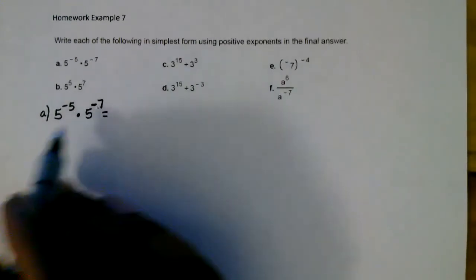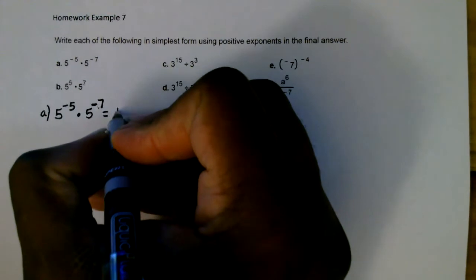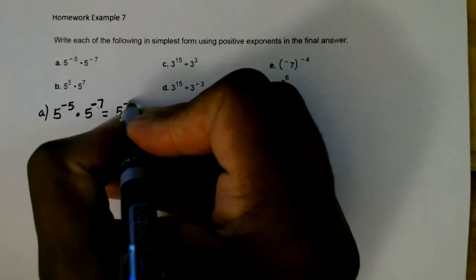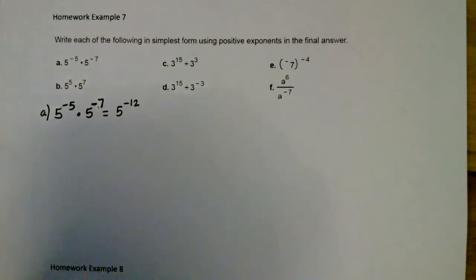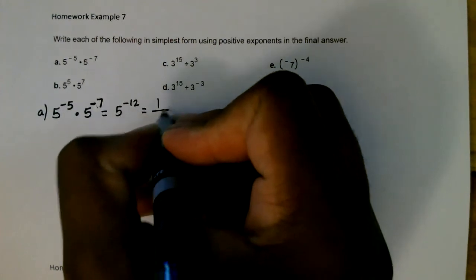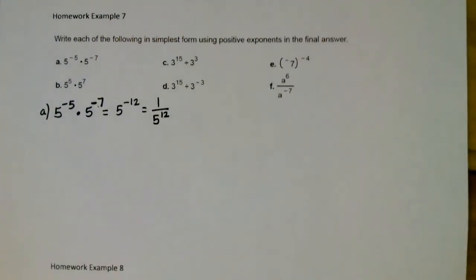In this case here, we're multiplying powers of the same base. We bring the base over and add the exponents. Negative 5 plus negative 7 is negative 12. But of course, we have to write it using positive exponents. Since 5 is to the negative 12 power, we use one of those properties by putting it as 1 over the base of 5 and making that 12 positive. So it'd be 1 over 5 to the 12th power.